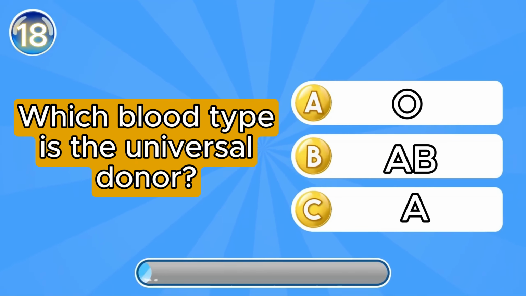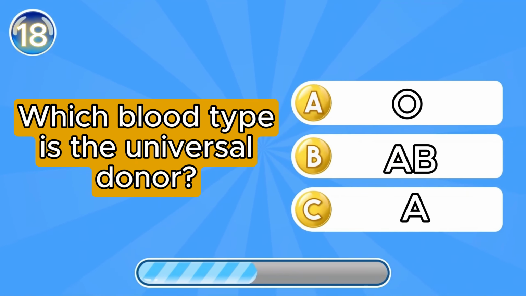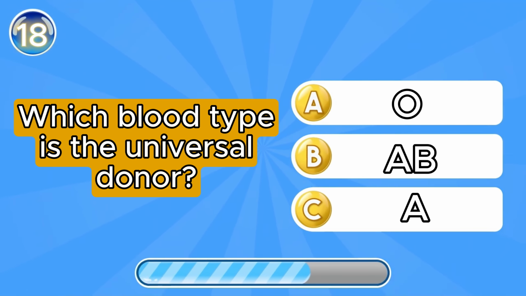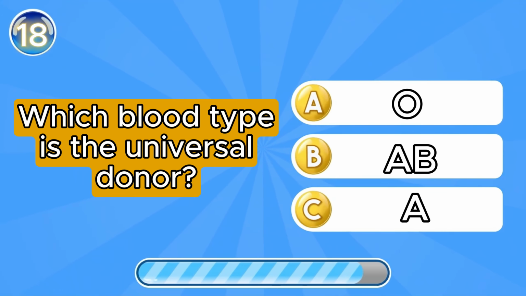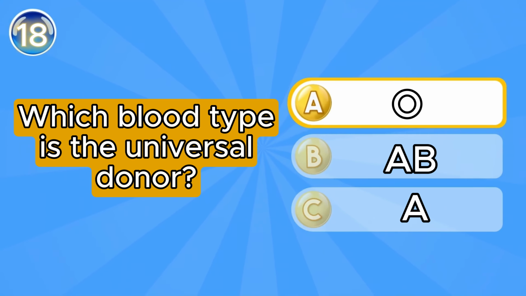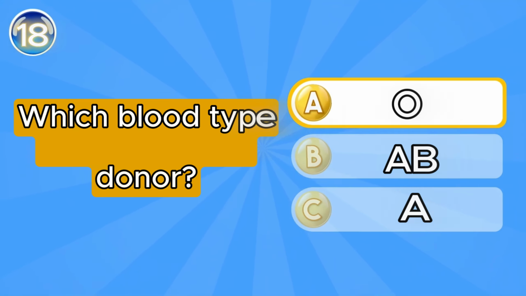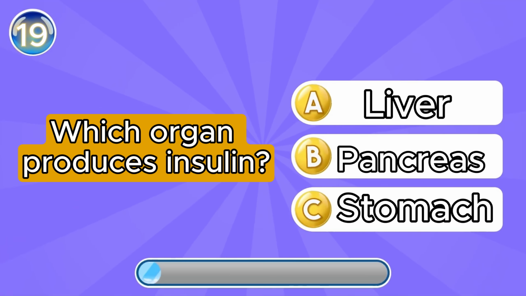Which blood type is the universal donor? O. Which organ produces insulin?